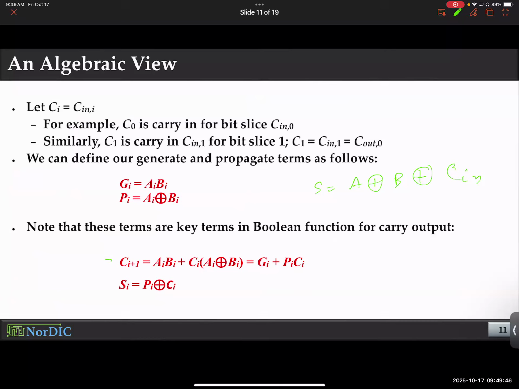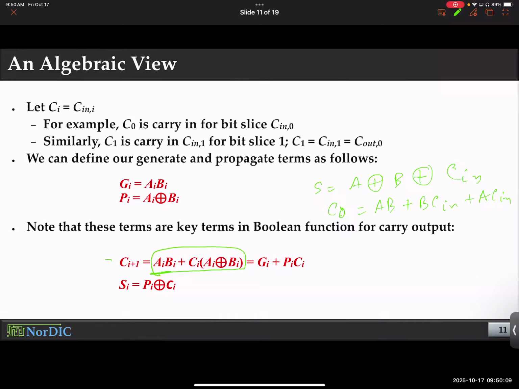And by the way, your carry out was AB plus B carry in plus A carry in. That was the carry function. So apparently, as we saw before, this carry function could also be expressed in this format using A XOR B.